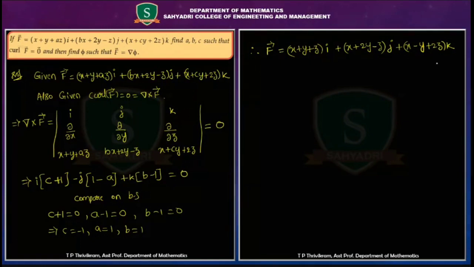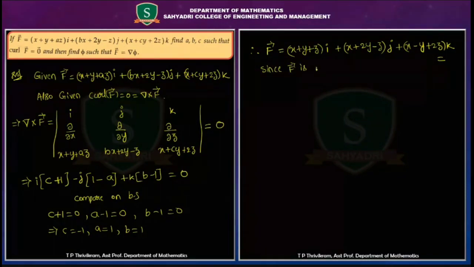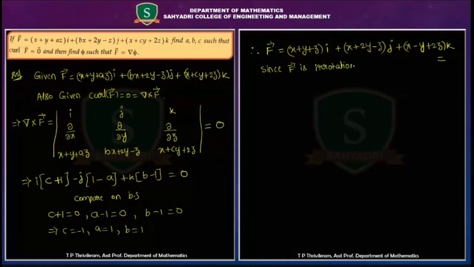So this is the required f value. And since f is irrotational, why? Because he has given curl f equal to 0. Since curl f equal to 0, it is an irrotational vector field.